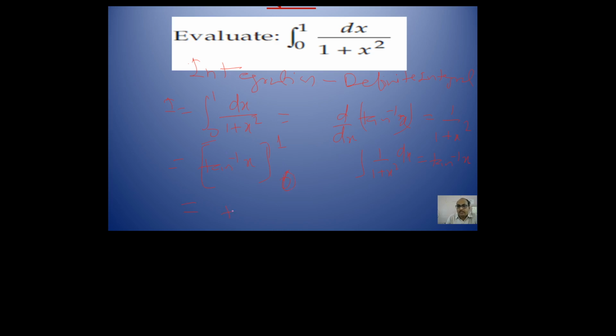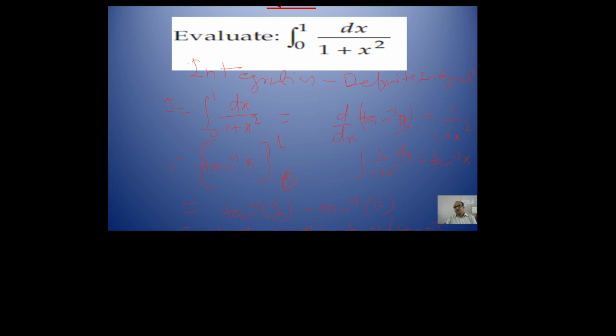So now tan inverse, we will go for expansion, so we will put 1 here, minus tan inverse 0. Right, so we will be utilizing this inverse trigonometric function here. So in place of 1 we can write tan pi by 4 minus tan inverse, in place of 0 we can write tan 0.